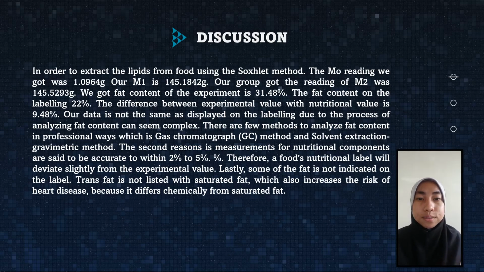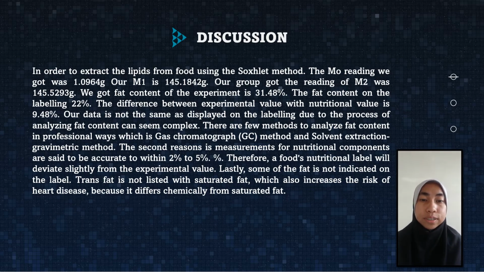There are a few professional methods to analyze fat content, which are first the gas chromatograph method, and second the solvent extraction gravimetric method. Testing and analyzing fat in food can be a complex process, so the data on the food label is not 100% accurate.